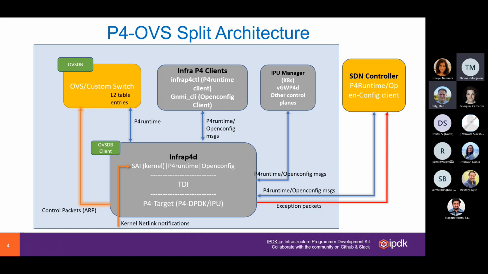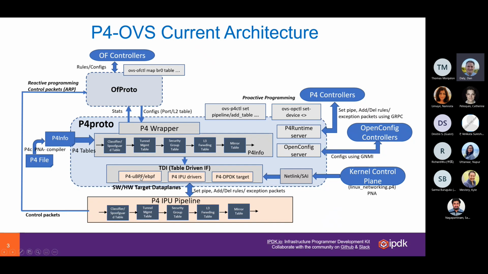The eBPF target is not as well enabled as the DPDK target because we are still in the process of having the eBPF target support the TDI at the bottom. So, which target would it be? Netronome? Oh no, eBPF. eBPF is purely in software. It's not a hardware target.